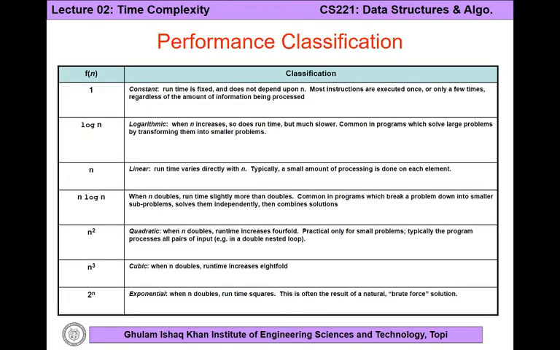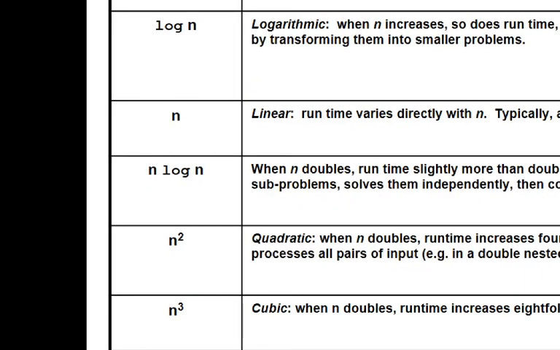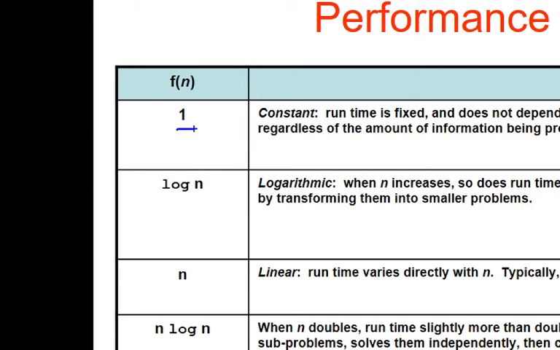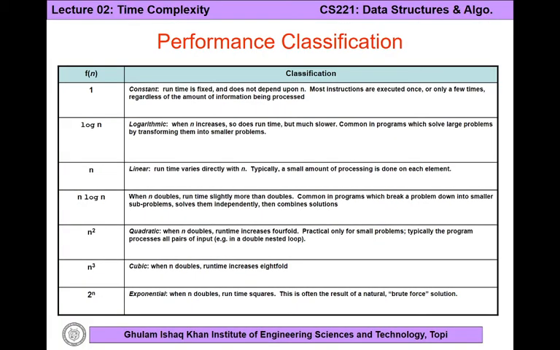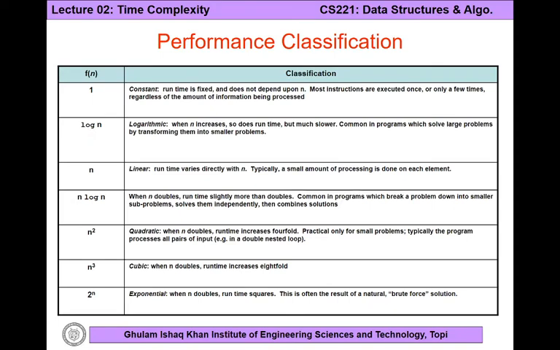So now these are the performance classifications. The best performance is order of 1, right? Okay, this needs to be explained. For example, we have a piece of code which says for i equal to 0, i less than, let's say, n, i++, right?